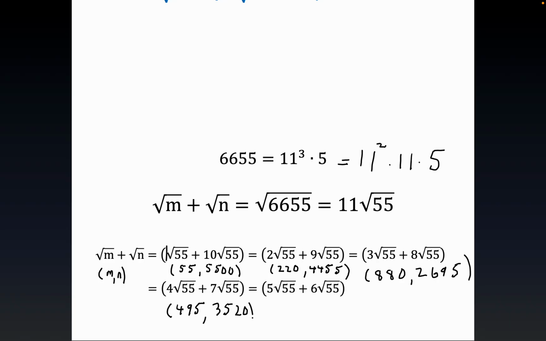Again, these are reversed. I just had it written down wrong on my paper. This one and this one should be reversed. And finally, the very last one, I think I got it right, would be 1375, comma, 1980.